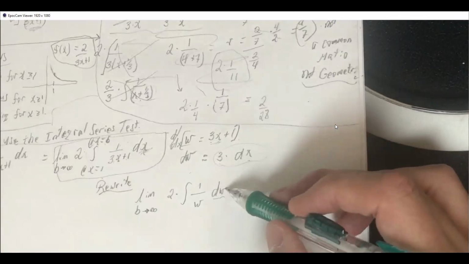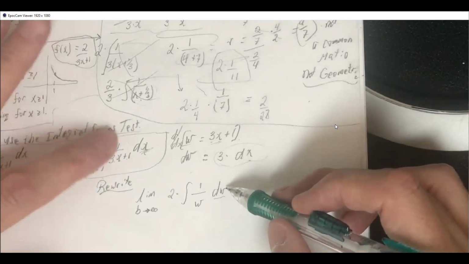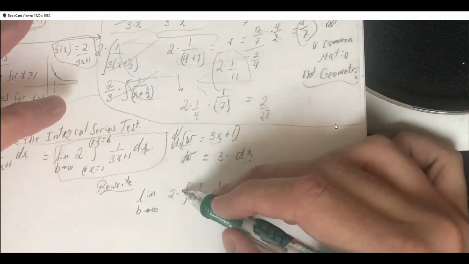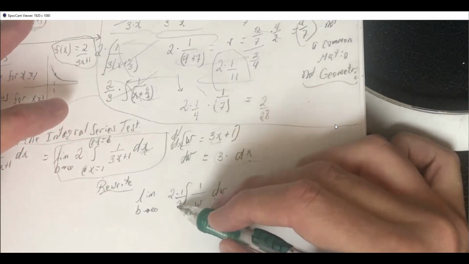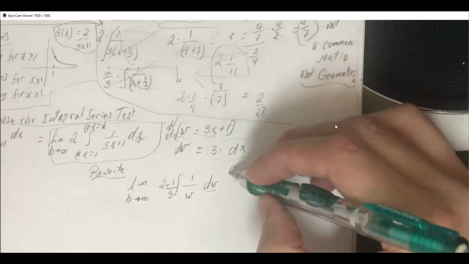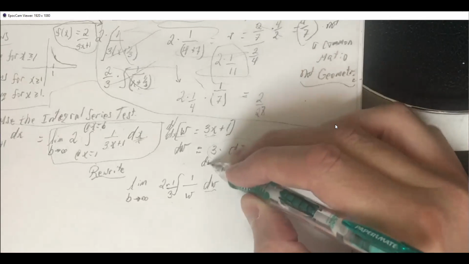And therefore, that wasn't there before. There was not a multiplied 3 up on top before. So now we have to compensate by multiplying by 1 over 3. Or we could do it traditionally, and that would be solve for dx, and we would get dw over 3.